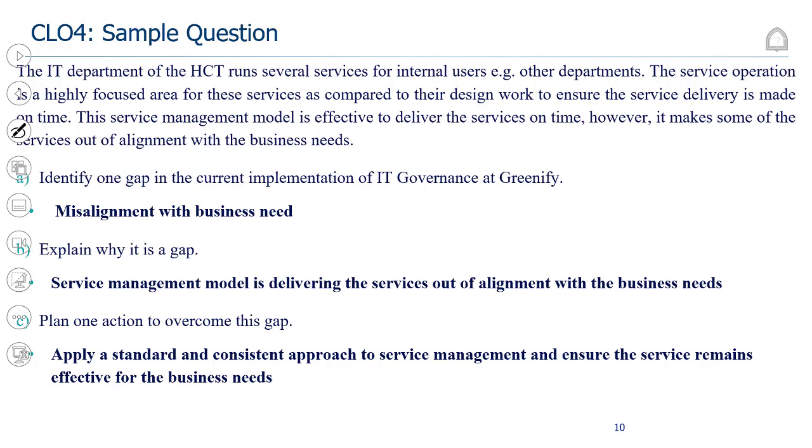So I'm not going to spend much time on this. It's very intuitive, but this is where I was saying, even though we are not assessing CLO1, you can see where CLO1 comes in. It is implicitly tested in this particular CLO.